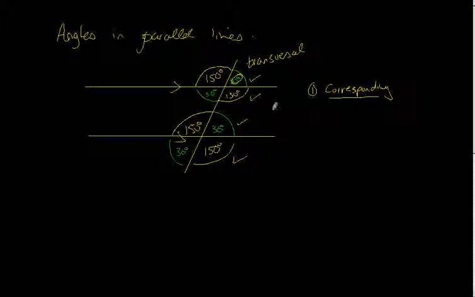Corresponding angles sort of come in the form of an F. We could have an angle here and an angle here, and we can see that these are matching positions, so they're equal. Or you could have it on top of the F. Those are corresponding, so they are equal.